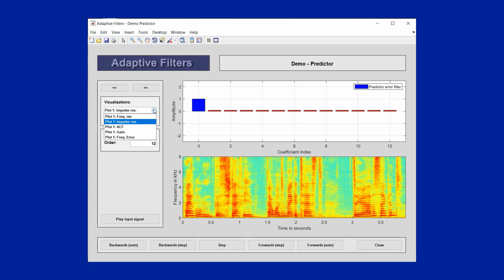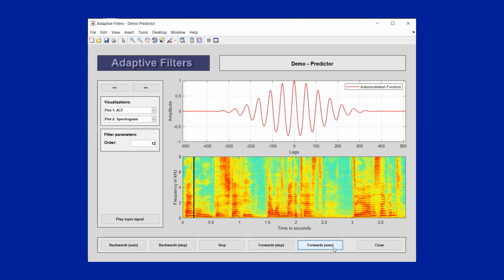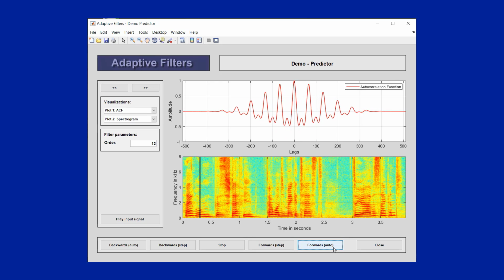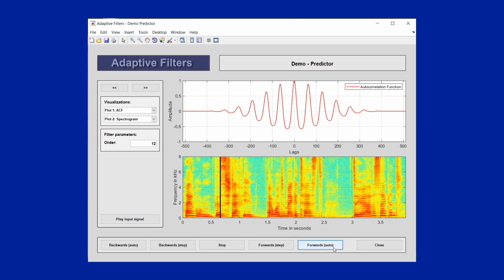And we can actually look at the autocorrelation function. I select the autocorrelation function and I start this. And you can now actually see what the short-time autocorrelation function looks like for a speech signal here. What you should really notice is that there's a difference between sections of voiced and unvoiced signals.